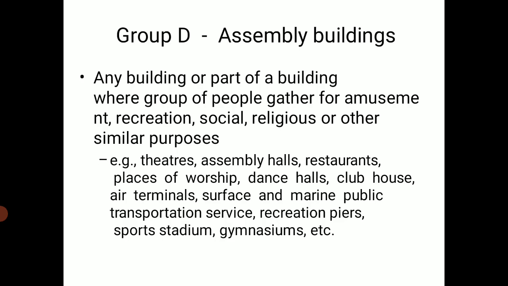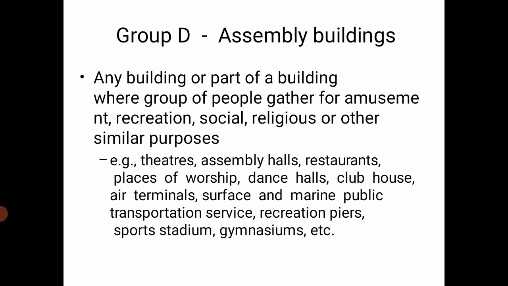Then Group D, assembly buildings, means any building or part of a building where a group of people assemble or gather for amusement, recreation, social, religious, patriotic, civil, travel, and other similar purposes.